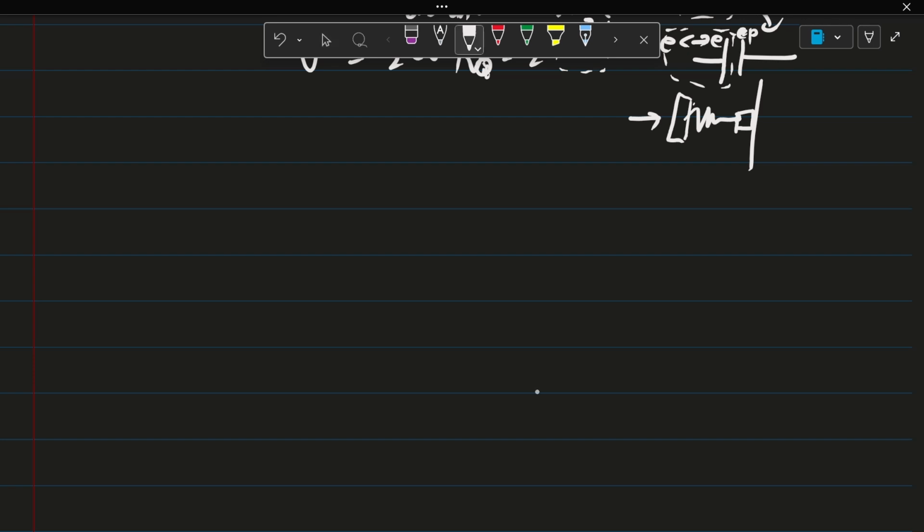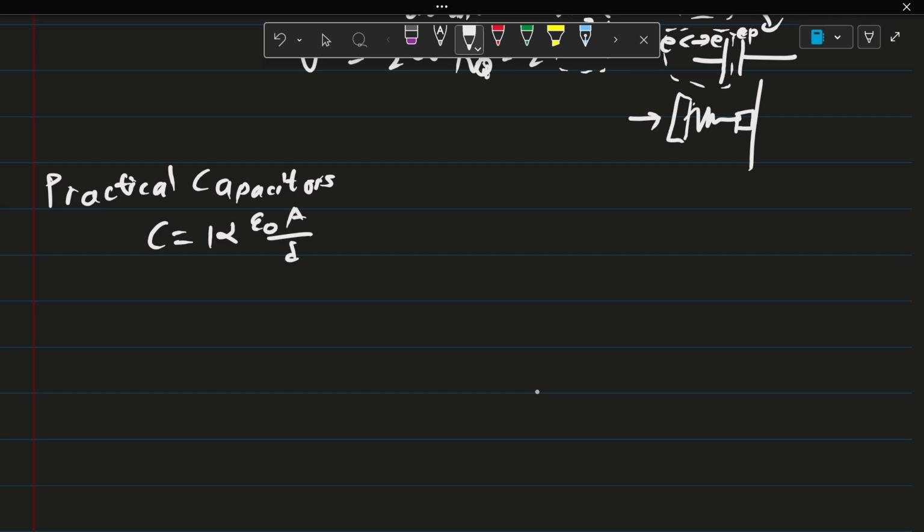So instead, to control its capacitance, material engineers use something called a dielectric material, just to make sure that the capacitance is constant. So for practical capacitors, your capacitance will be kappa times epsilon 0 A over D. This kappa here is what you call the dielectric constant.